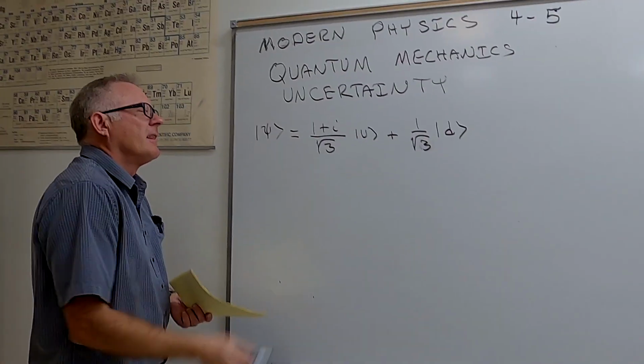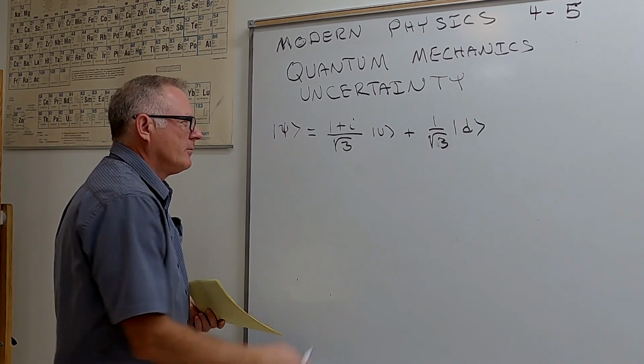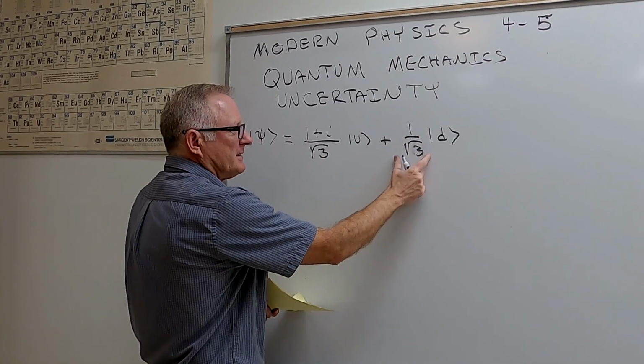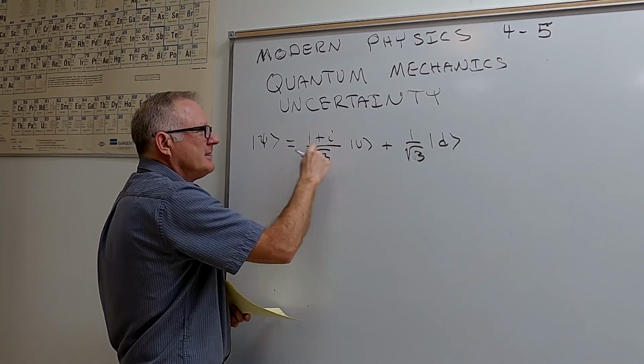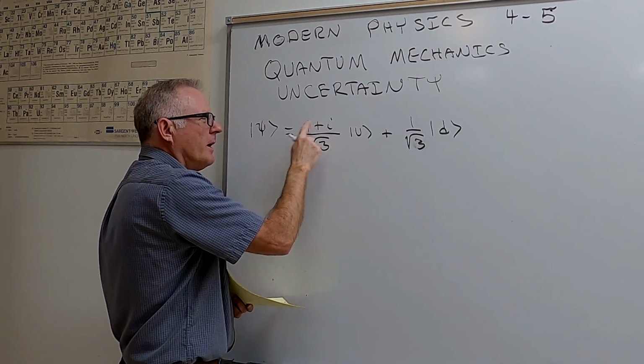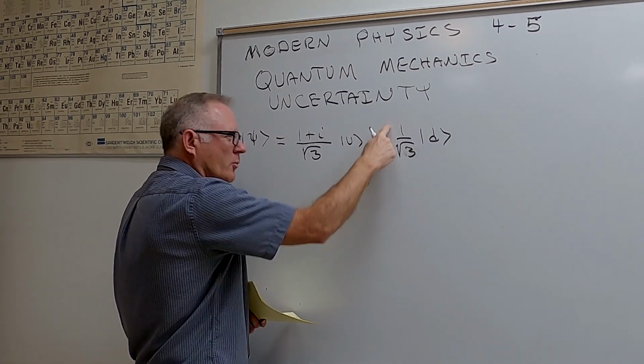Remember, these vectors should always be normalized, which means this squared plus this squared should be 1. Well, that squared is 1/3. This times its complex conjugate is 1 plus 1, which is 2. So this would be 2/3 plus 1/3.